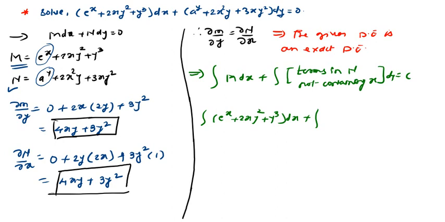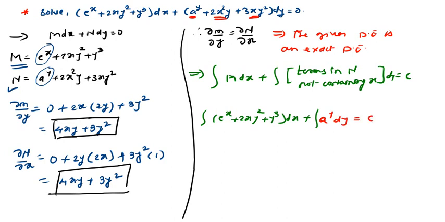If you observe here, in N, the first term does not contain x, so we will take this term as a to the power y. The second term contains x, so we will not take it. The third term also contains x, so we will not take it. So this will be into dy equal to constant.